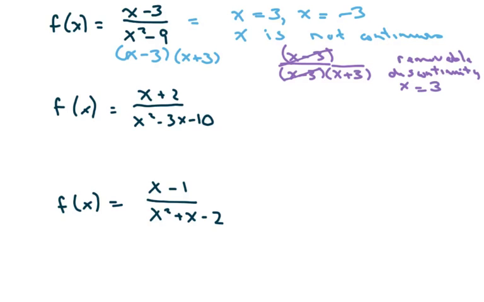Now the next one we have is this one. I'm going to go ahead and factor it. This would be x plus 2, and then x plus 2 times x minus 5. So that's your f of x. That means it is not continuous.